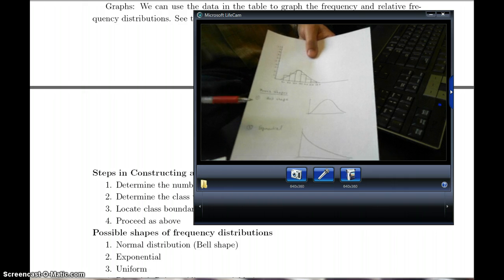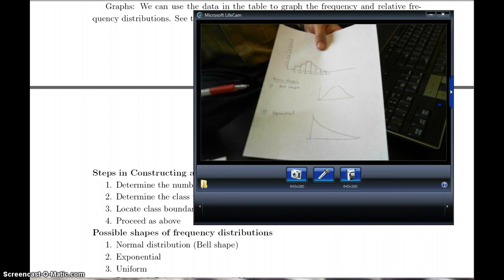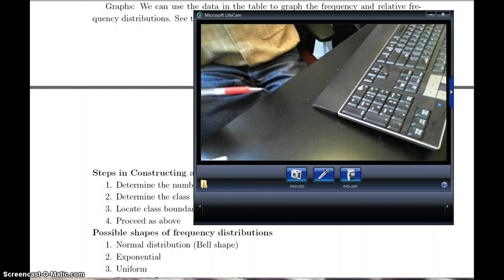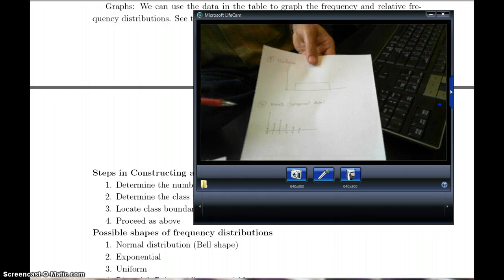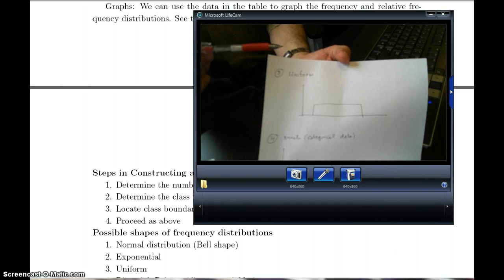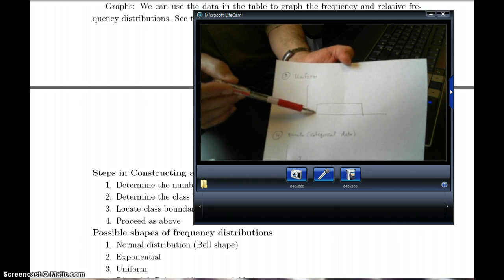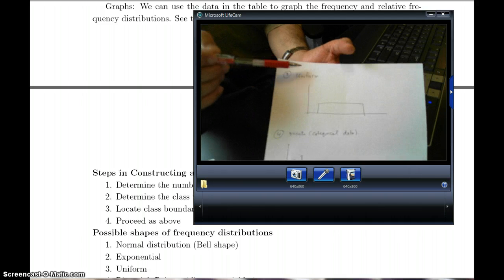It's called the exponential frequency distribution, or negative exponential frequency distribution. Another shape here is called the uniform shape. Basically, all classes are about the same height.